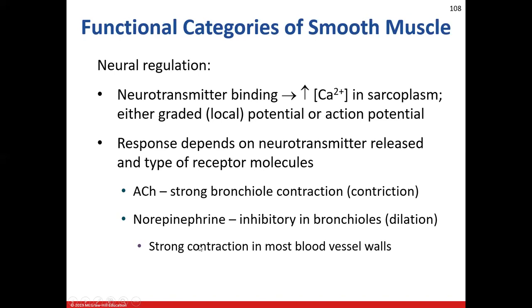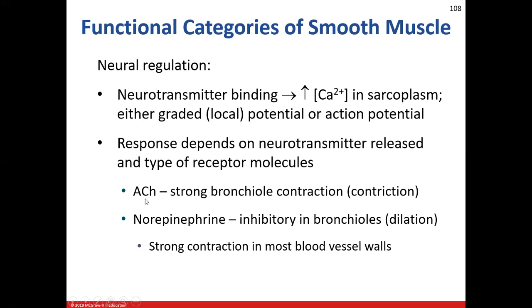However, norepinephrine has the opposite effect. It's inhibitory in the bronchioles, and so it causes dilation. Norepinephrine also has a different function in most blood vessel walls, where it causes a contraction, and that causes a constriction of the blood vessels.